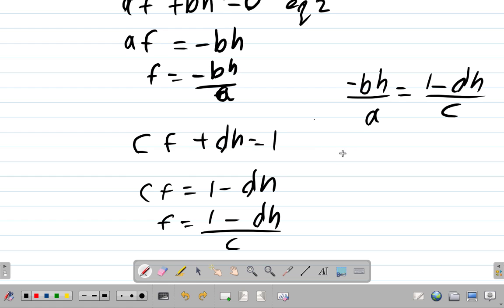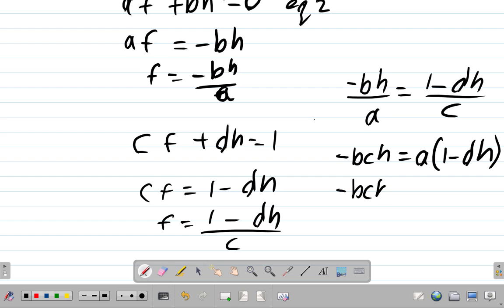What we would have is negative BCH is equal to A times 1 minus DH. See that? So now we'd have negative BCH is equal to A minus ADH, because A times 1 and A times DH.